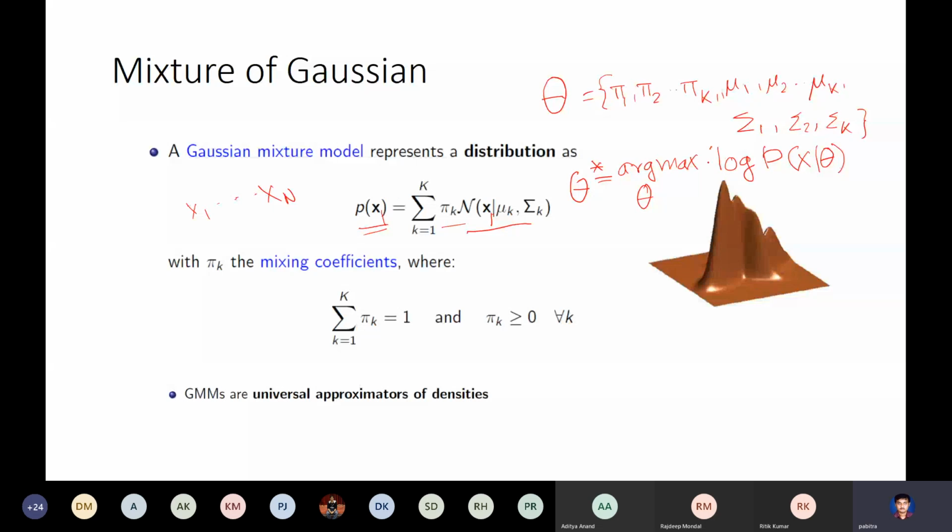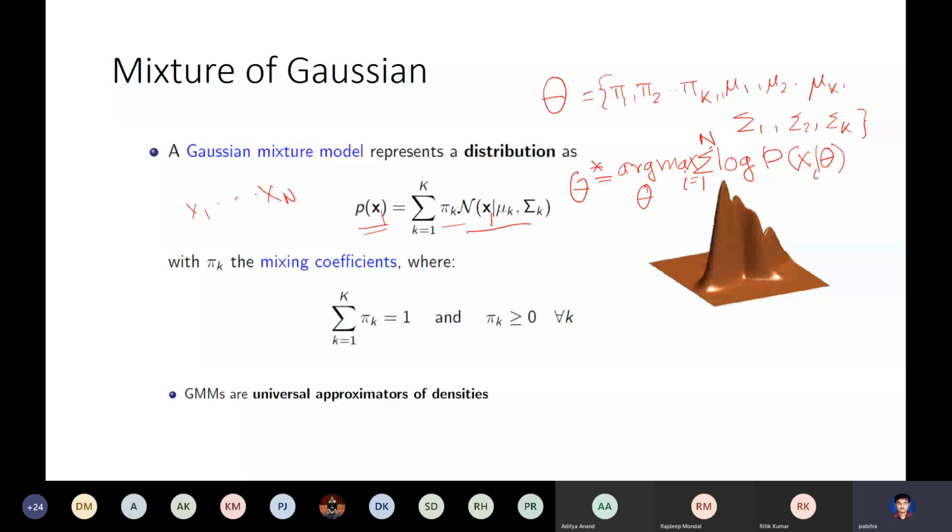And if you take the logarithm, the total log likelihood is the sum over i equal to 1 to n of log p of xi. You take the product in the log, it becomes a sum, and we want a theta star which will maximize this log likelihood.